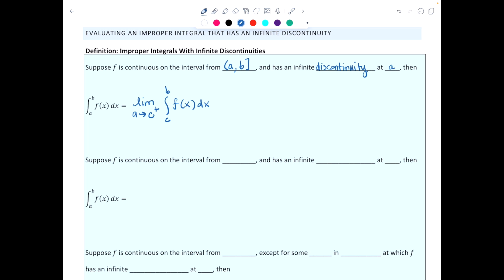Now, suppose f is continuous on the interval where A is included but B is not, and it has an infinite discontinuity at x equals B. Then we'll have the limit as B approaches C from the left side, and that's going to go from A to C of f of x dx.